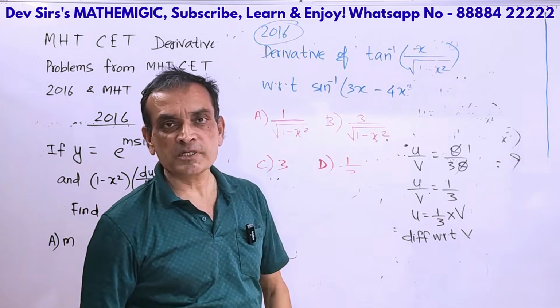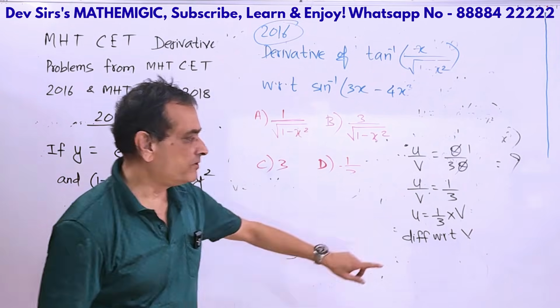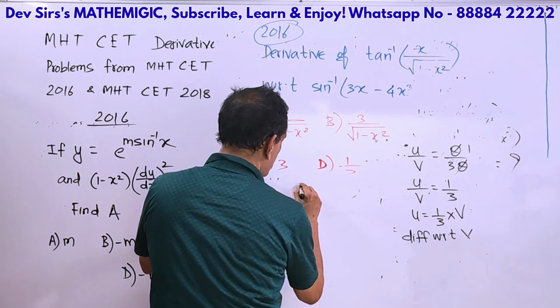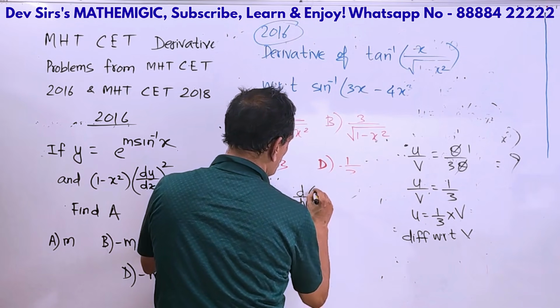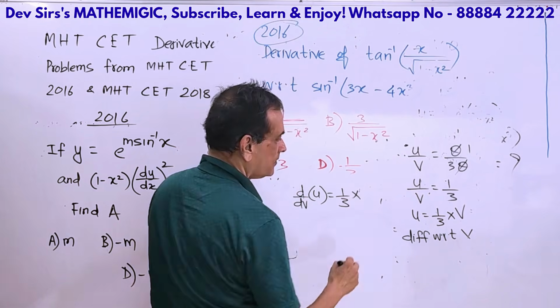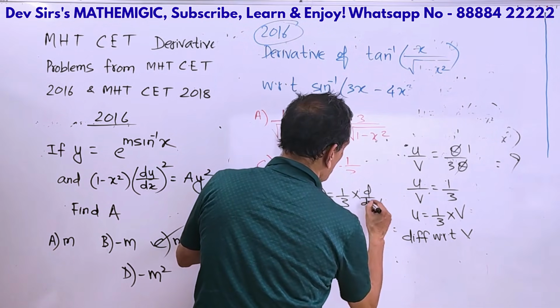Differentiate with respect to x means we get d by dx everywhere. With respect to v means d by dv. So d by dv of u, keep 1 by 3 constant aside, d by dv of v.